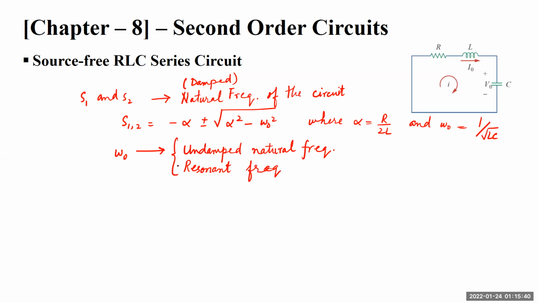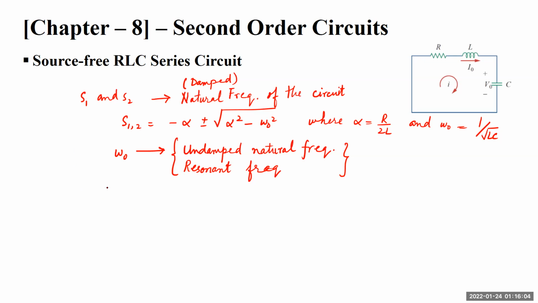This is again an important thing to remember: for any second order circuit, there will be a resonant frequency called omega naught. Whether it is a parallel circuit or a series circuit, the value of omega naught remains the same, and it is always omega naught equals 1 by the square root of LC.